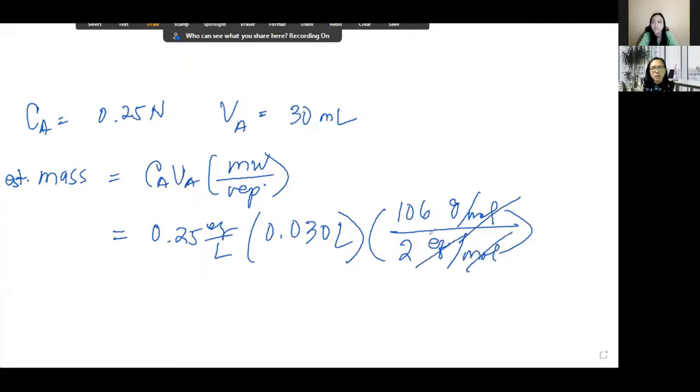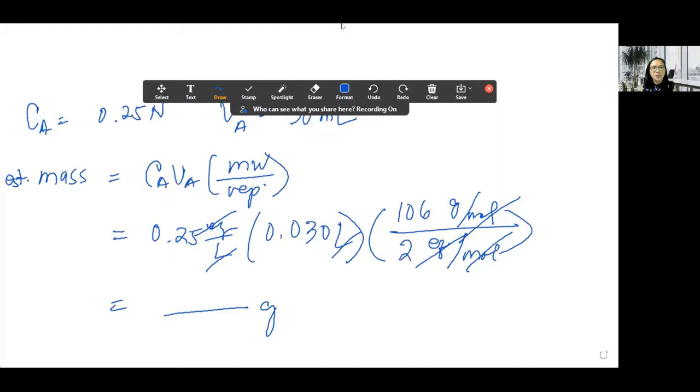Okay, cancel the mole, cancel the equivalents, cancel the liters, then we have the estimated mass. The answer is 0.3975.